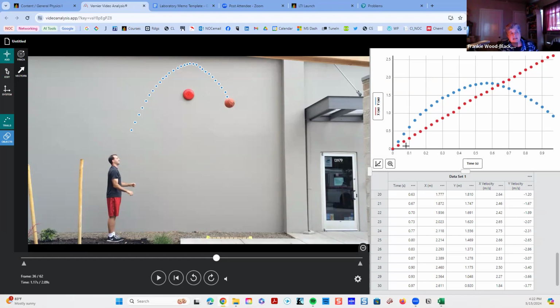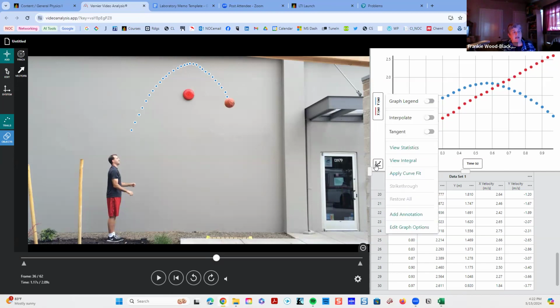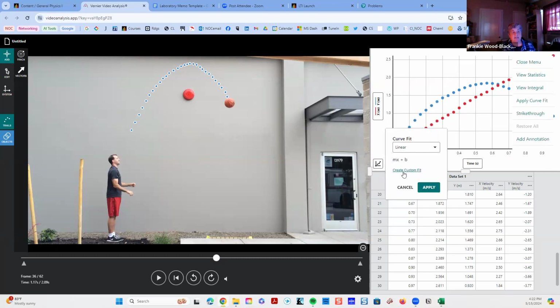Now, the X is in red, so this is my position in the X direction over time, and we see that we get a nice straight line. Because we have a video analysis tool, I can actually apply a curve fit to my data.